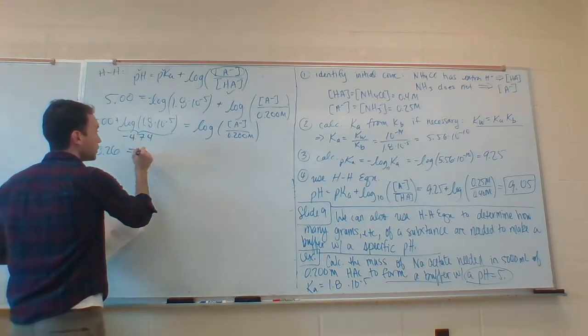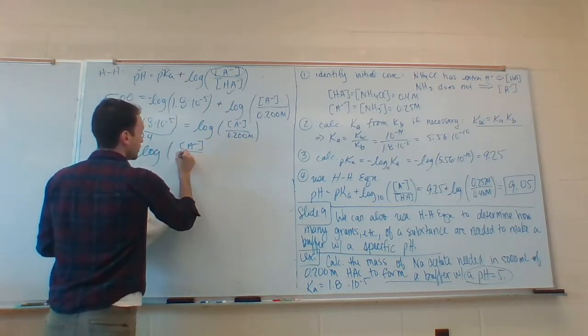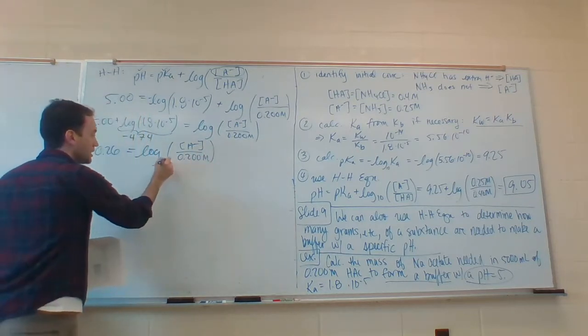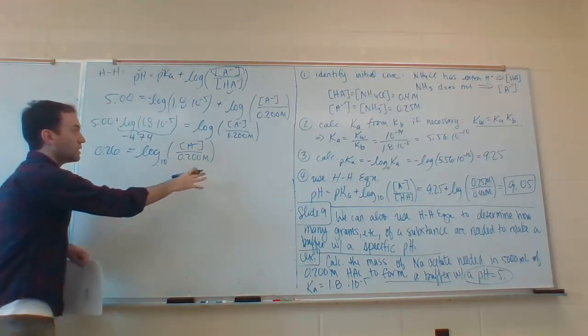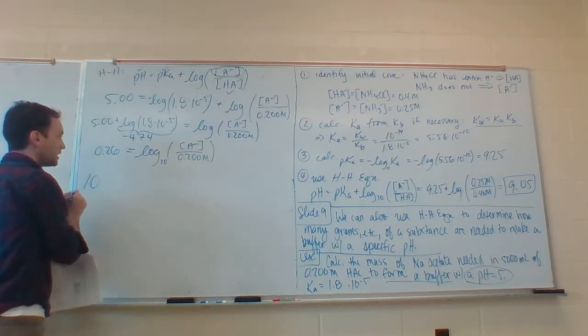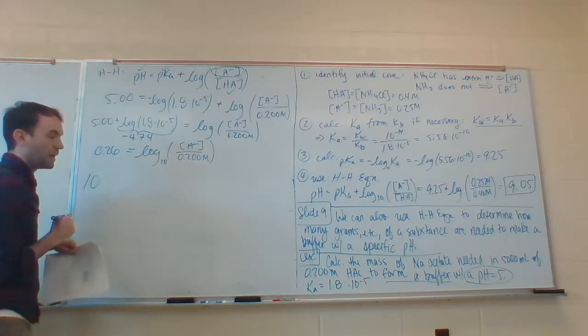And then that's equal to the log of our concentration in A- over 0.200 molar. Now remember, this is the log base 10. So if we want to take this out of the log, we're going to raise both sides using the base 10.